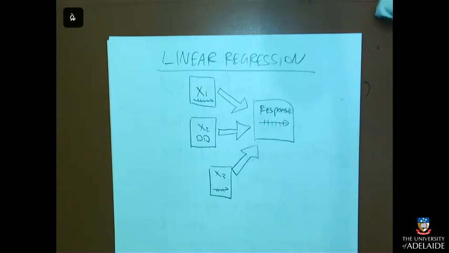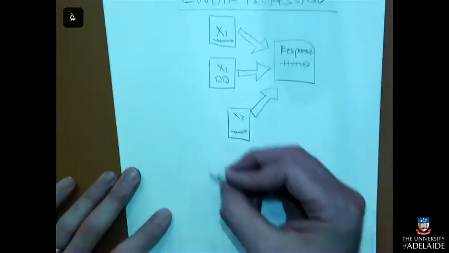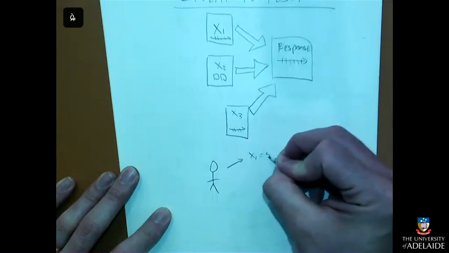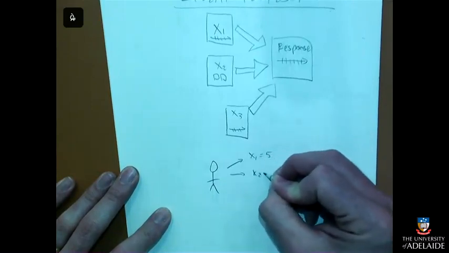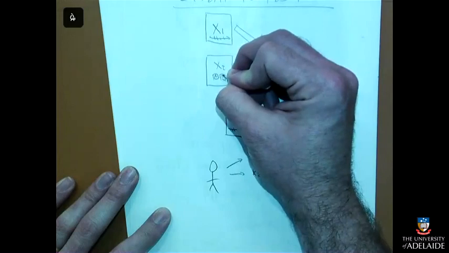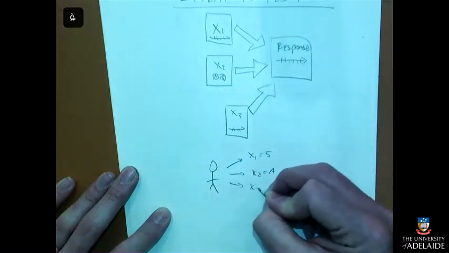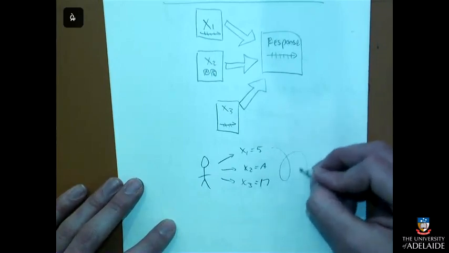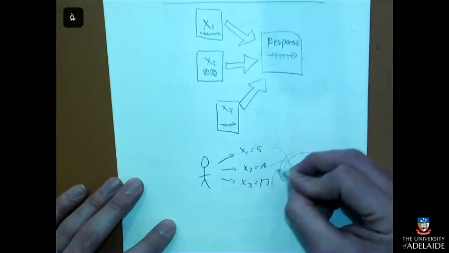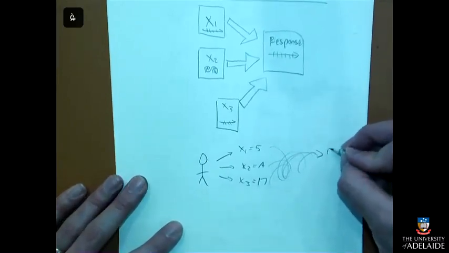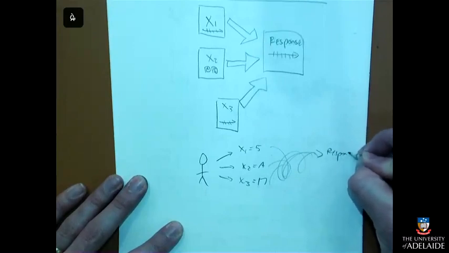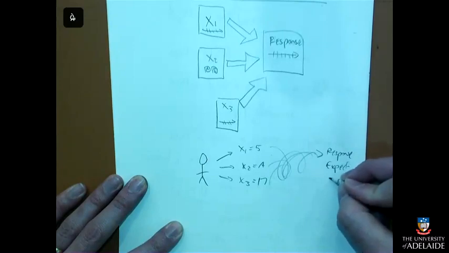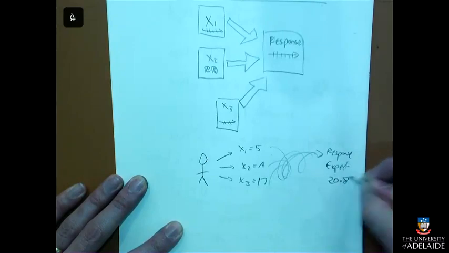So if you have my little box, my little subject, maybe it's a person today, and you tell me that x1 is 5 and x2 is category A and x3 is 17, then I want to know that I can use all of them to calculate that actually the response I expect is maybe, I don't know, 20.8 or something.